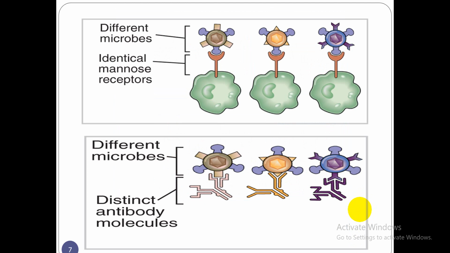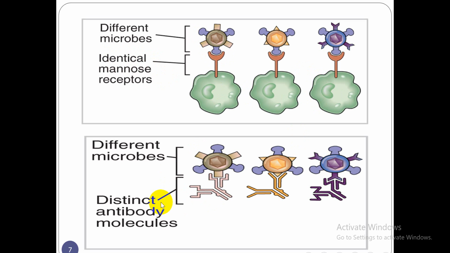Here in this picture you can see different microbes, and as you see, these different microbes have some structures which are similar to each other, and could be recognized with identical receptors on the surface of macrophages as a component of the innate immune system.